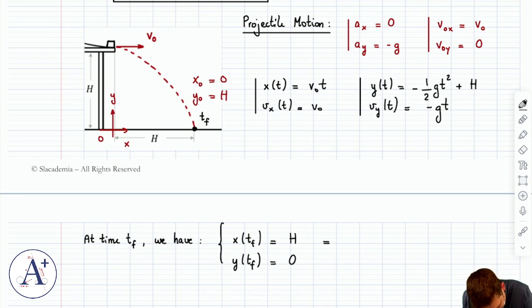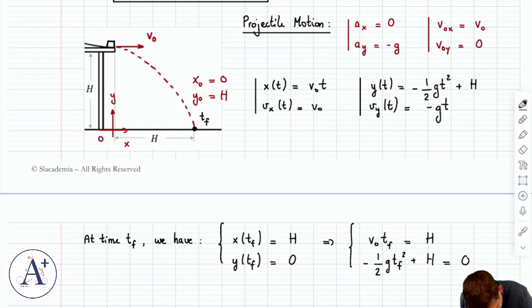That means that we get these two equations. X of t final is v0 t final, and presumably that would be h. And then y of t final is minus 1/2 g t final squared plus H is equal to 0.